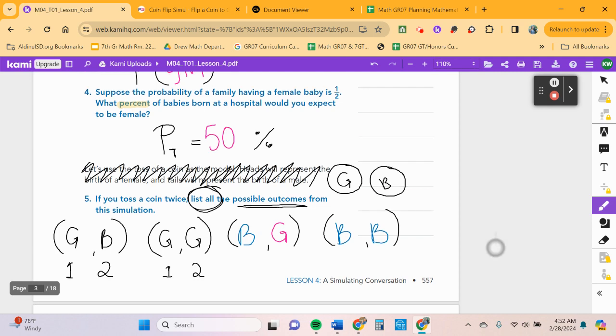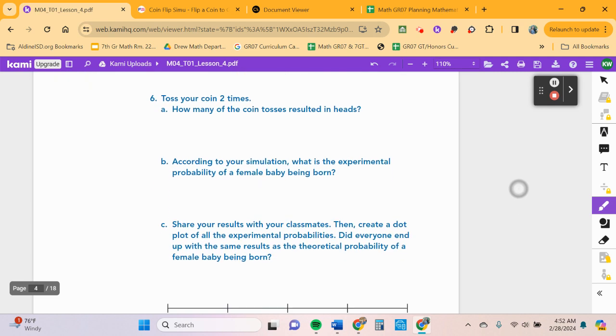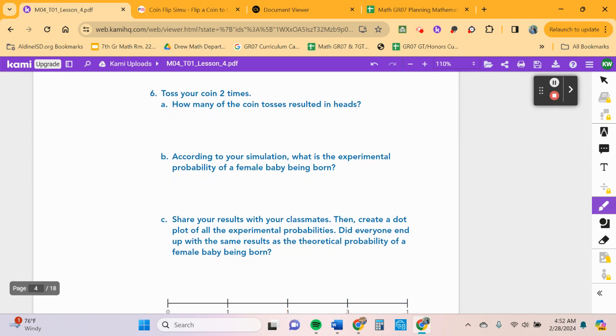All right, let's continue. So number 6 is toss your coin 2 times, and then we're answering how many of the coin tosses resulted in heads. And remember, in this simulation, we're changing things slightly. So we're not talking about heads and tails. We're talking about girl and boy.